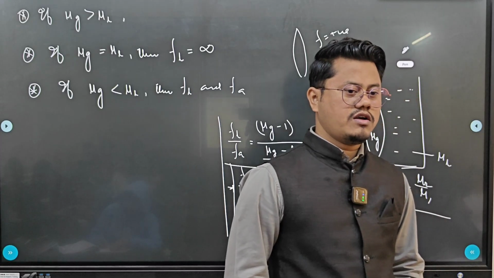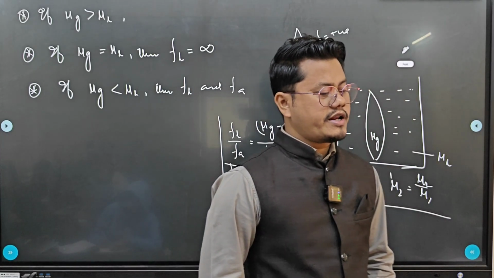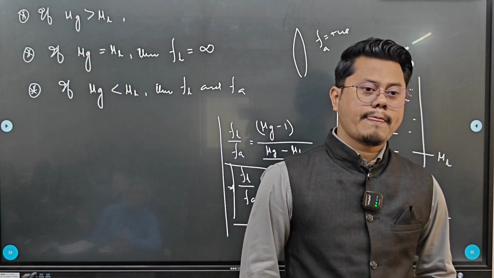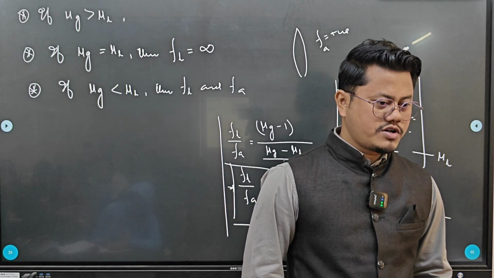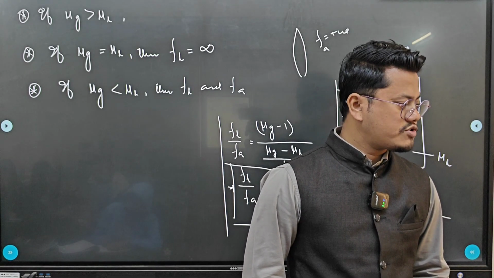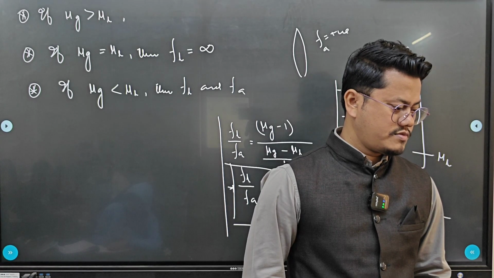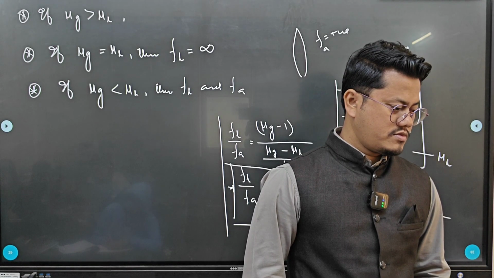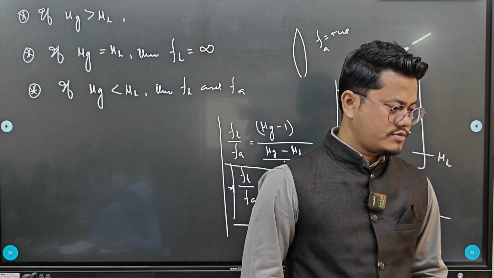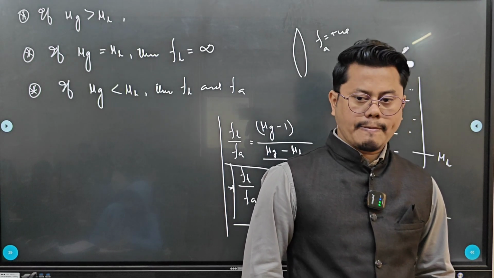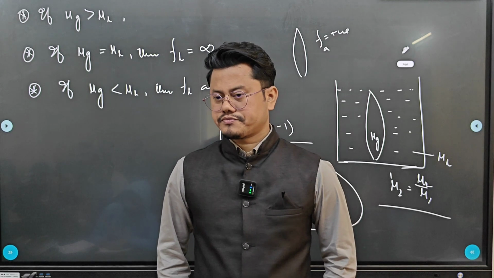Concave lens. Generally, concave lenses are diverging, but it will begin to converge. Just write: concave lens will begin to converge and convex lens will begin to diverge. उल्टा हो जाएगा. Got it?